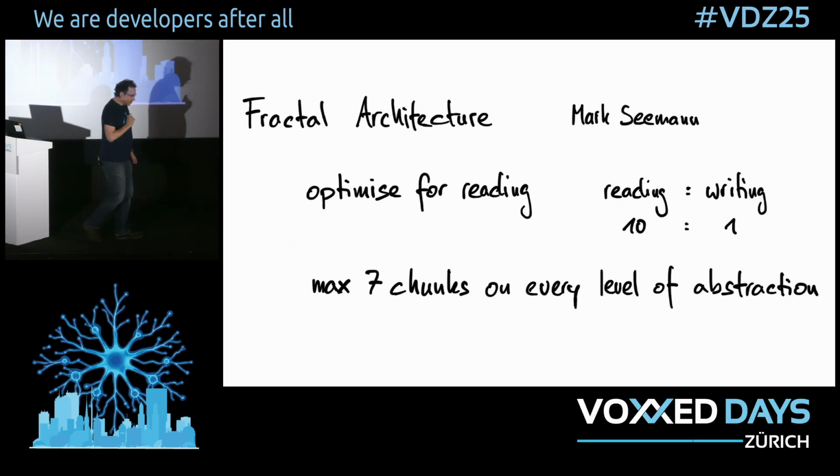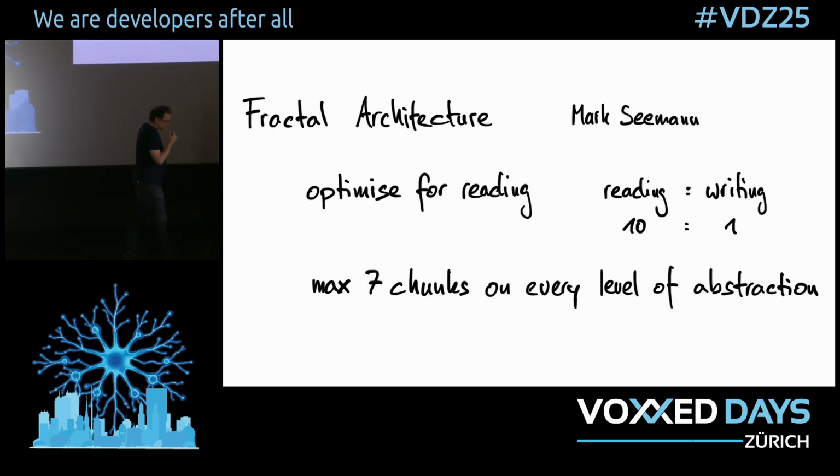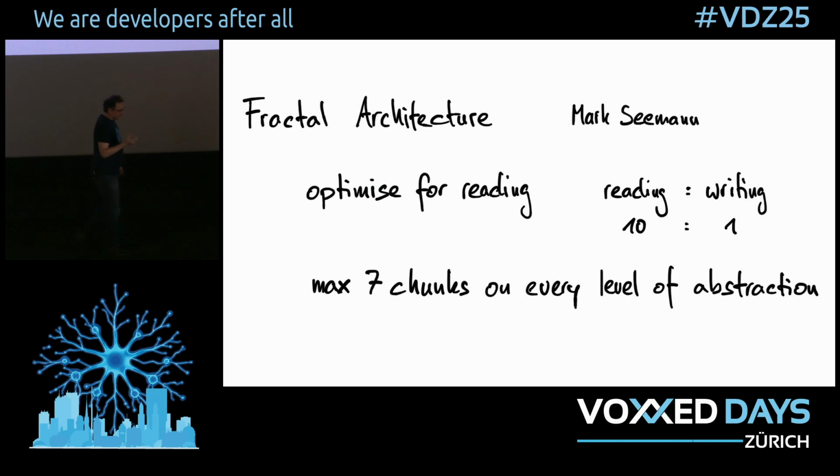Mark Seaman coined the term fractal architecture, and he ended with that because he states that we read much more code than we write. For every line of code you write, we read 10 lines of code. Actually, I would be really interested if this is true or not. I think it really depends on the code you're currently writing, but let's go with that.